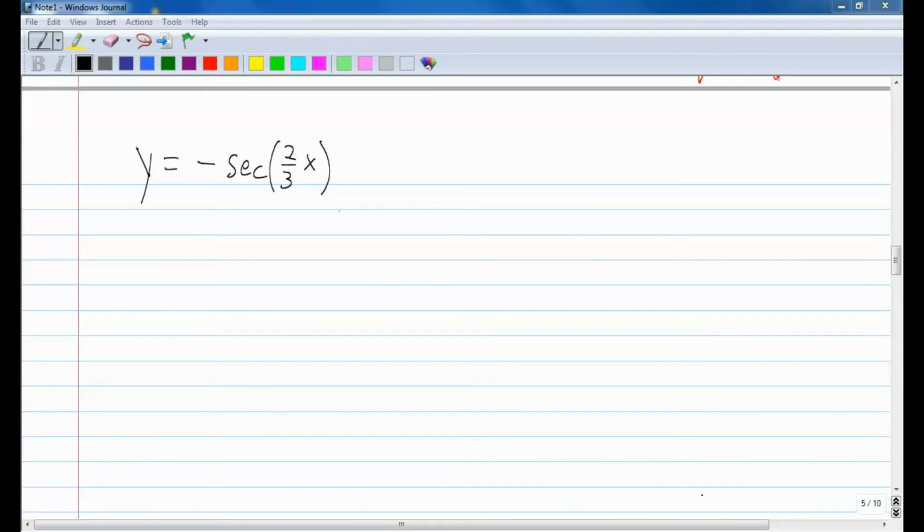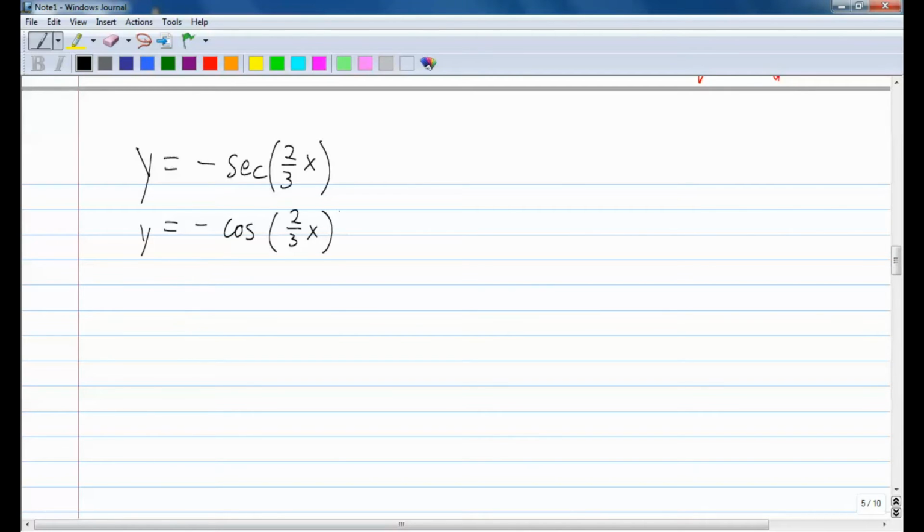Alright, let's take a look at the graph y equals negative secant 2/3 x. The first thing we want to do is to write down its reciprocal, which is cosine. So I have to use the cosine graph to graph secant. So y equals negative cosine of 2/3 x.